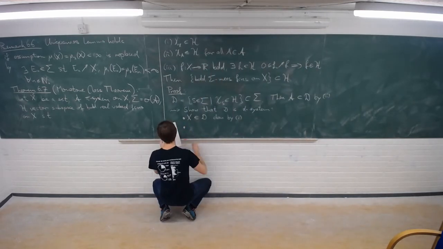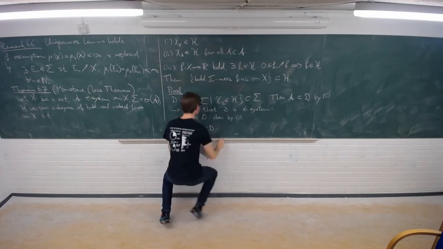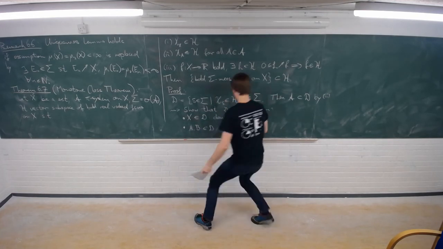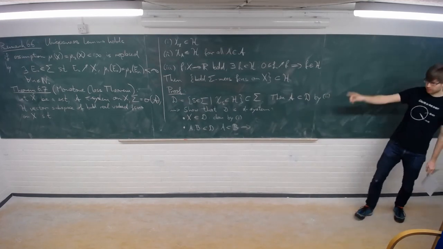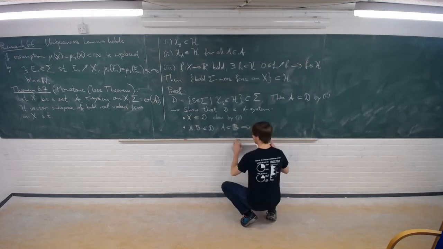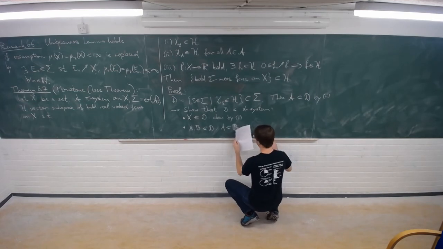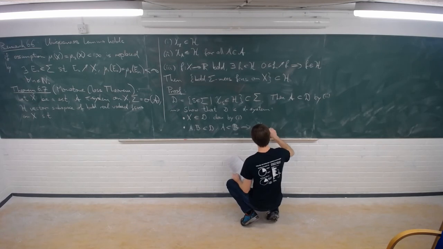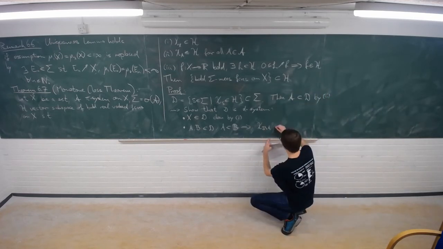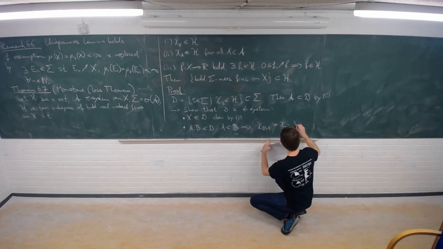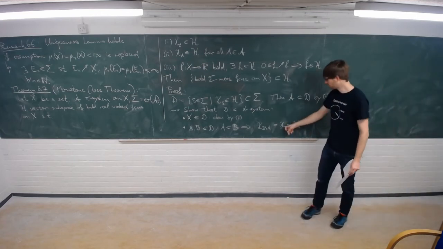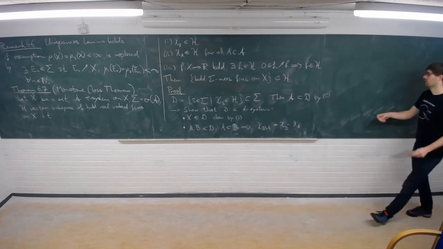Next, we have to show that if A and B are in D, and A is a subset of B, then the set B minus A is also in D. Okay, but D was defined by properties of the characteristic function. So let's look at the characteristic function of B minus A. If A is a subset of B, then this can be written as chi B minus chi A. Right, this difference is equal to 1 only when x is in B minus A, and 0 otherwise.